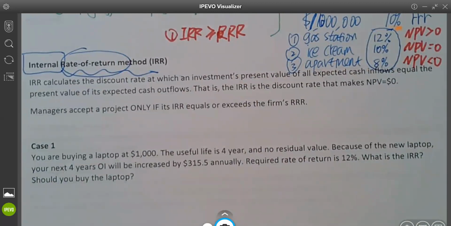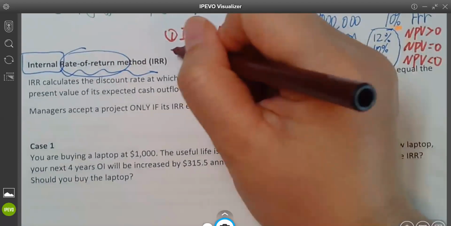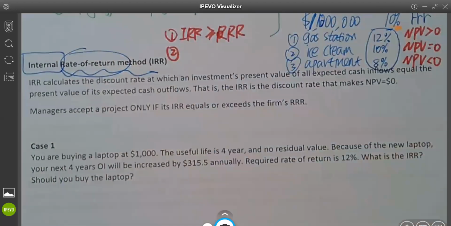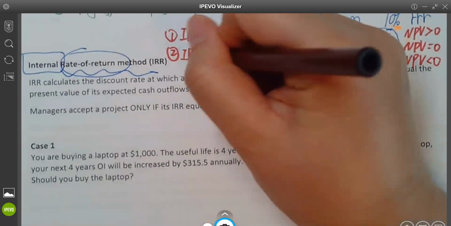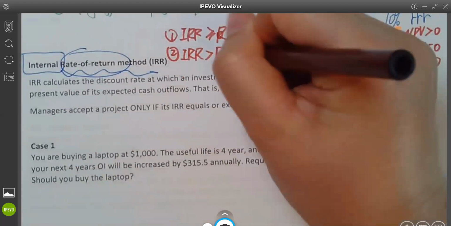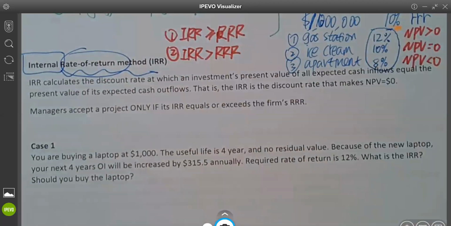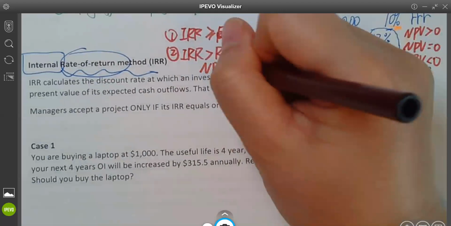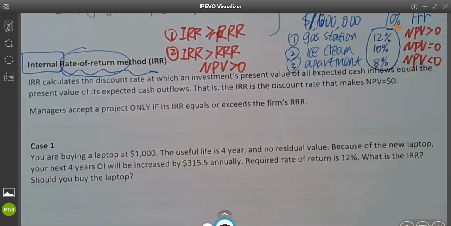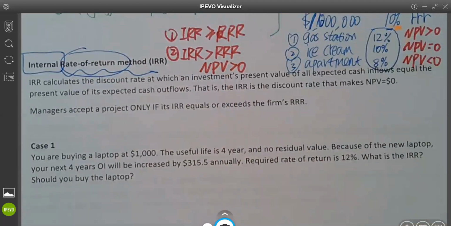Good. Second thing, how do we link our IRR with NPV? I ask you a question. If IRR is larger than RRR, what does this suggest about your NPV? Your NPV will be positive.